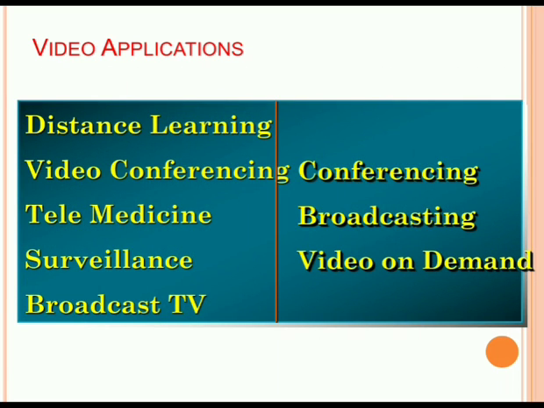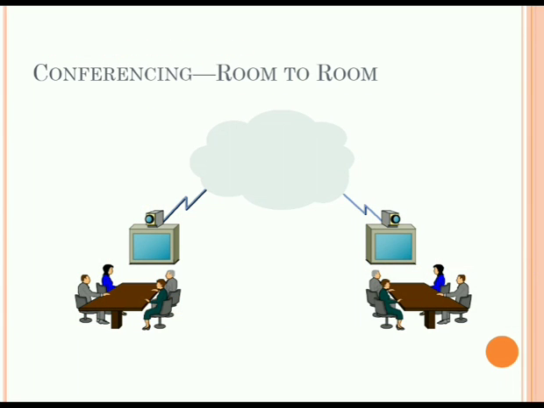Now let us see the applications of video compression. It is used for distance learning, video conferencing, telemedicine, broadcasting, surveillance, video on demand and broadcast TV. Let us see how conferencing occurs.